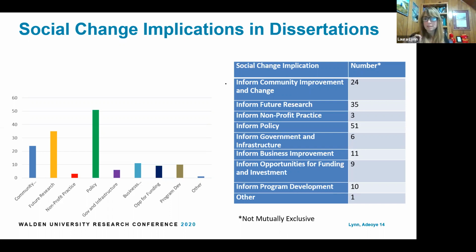The other piece that I think is really important, and we'll get into it when we talk about areas of future research, is that when you're writing your dissertation and you talk about how this can inform social change and recommendations, what would be really interesting to find out from these students is what they were able to do next, what they were able to impact in terms of application.